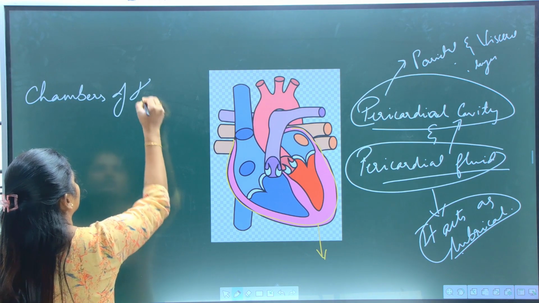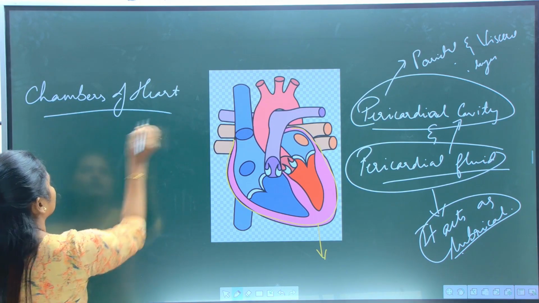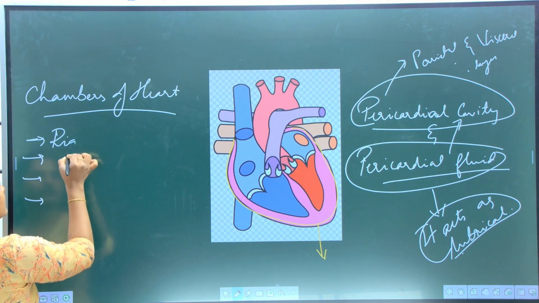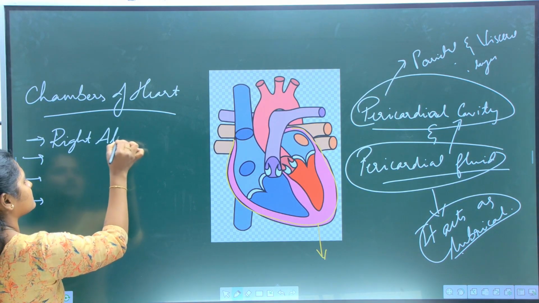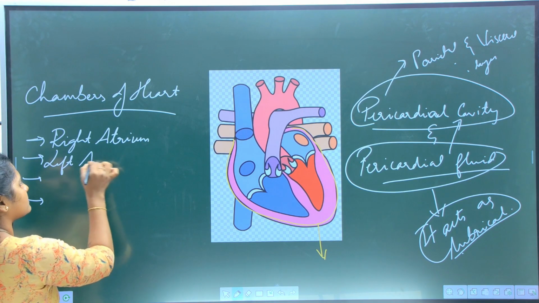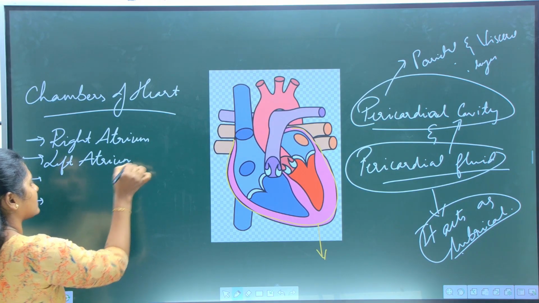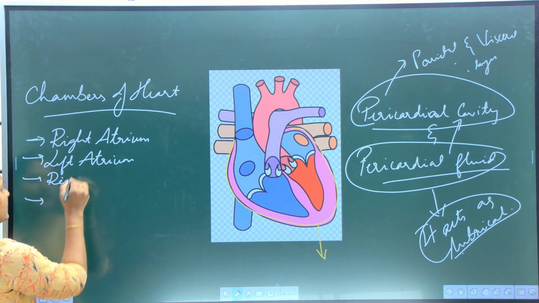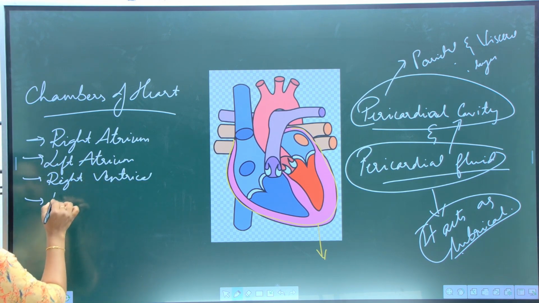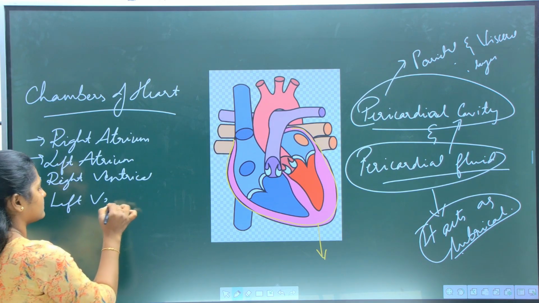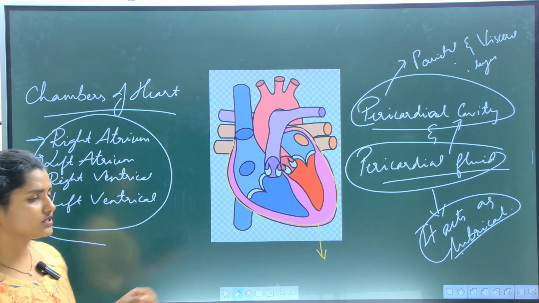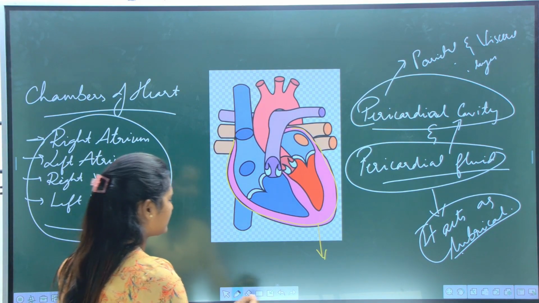One is the right atrium, second is the left atrium, third is the right ventricle, and fourth is the left ventricle. So these are the four chambers present in the heart. Now we will get into detail.